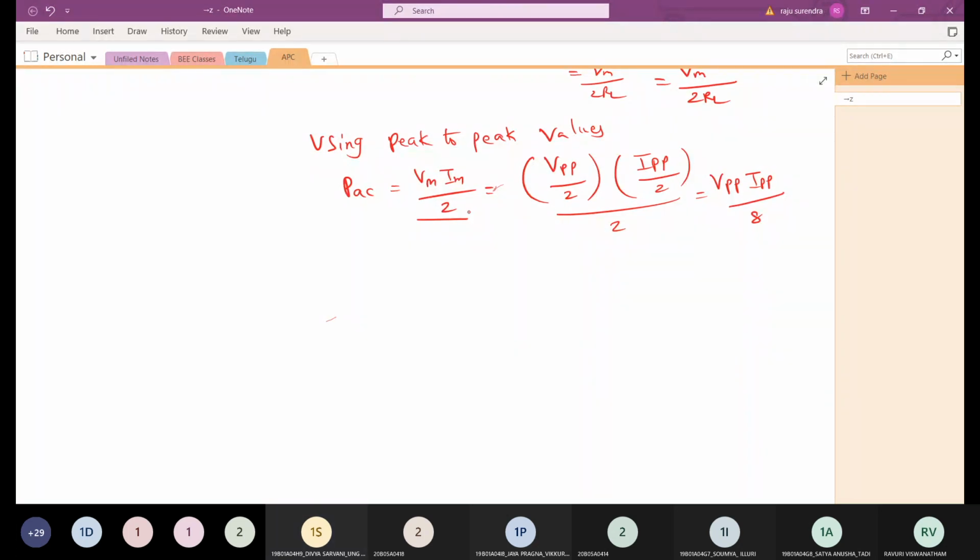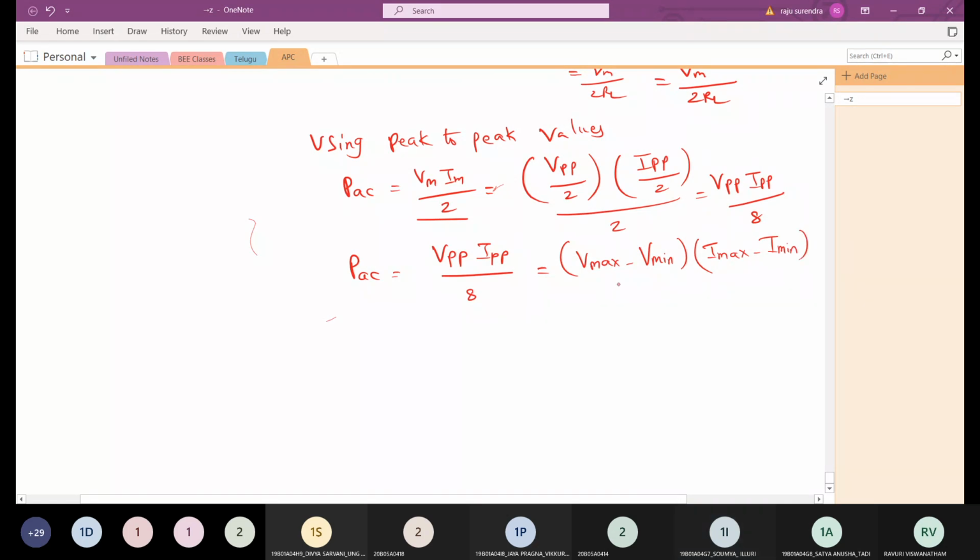So PAC is equal to Vpp Ipp by 8. Vpp is nothing but V maximum minus V minimum, and Ipp is nothing but I maximum minus I minimum, divided by 8.